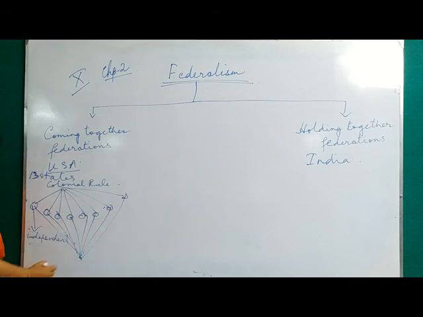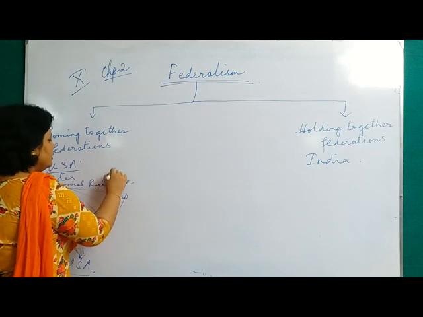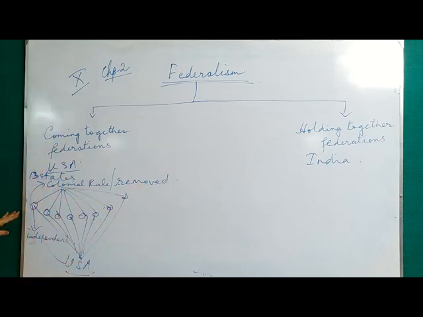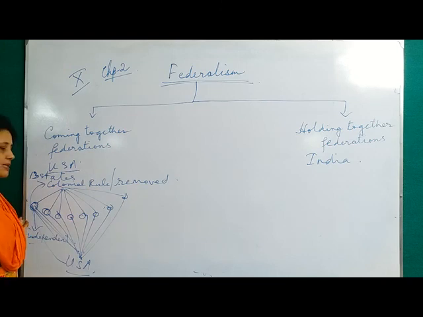They came together, they formed USA, and then what did they do? They removed colonial rule from there. That means coming together: these states were already independent, but they came together for the fulfillment of one basic objective. And what was that basic objective?